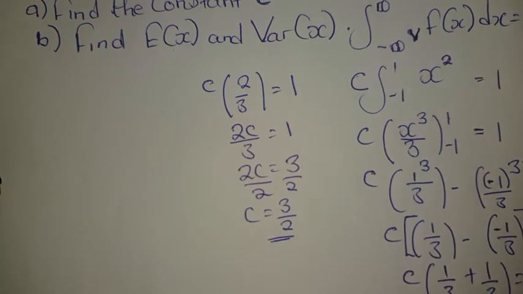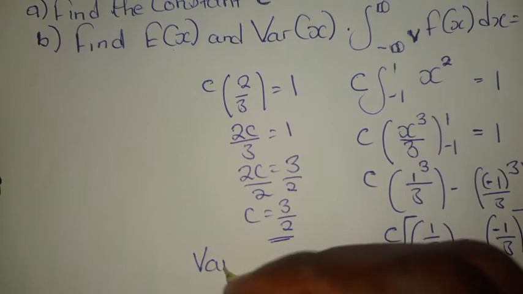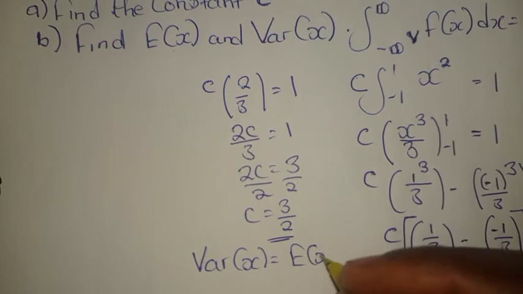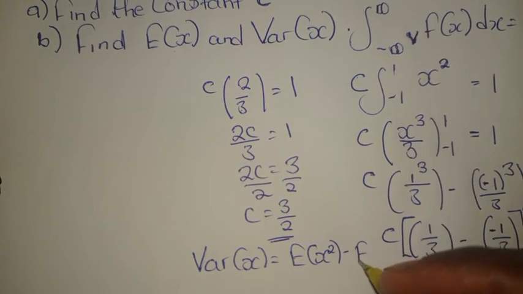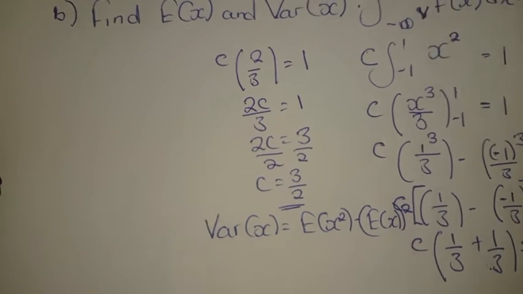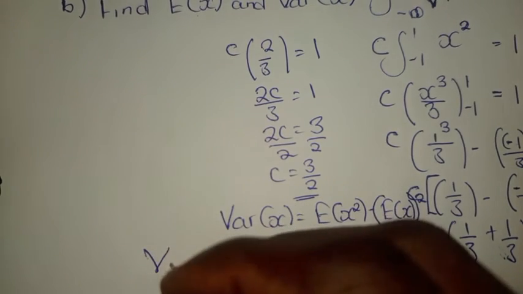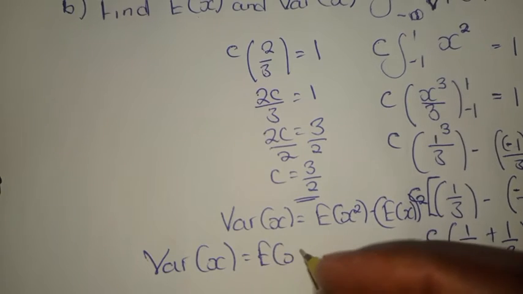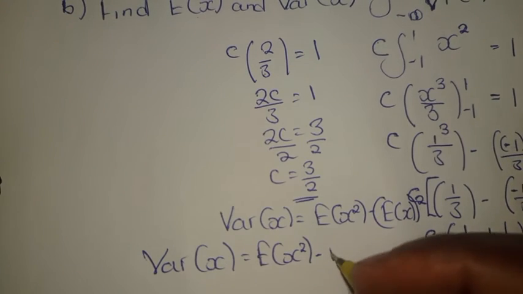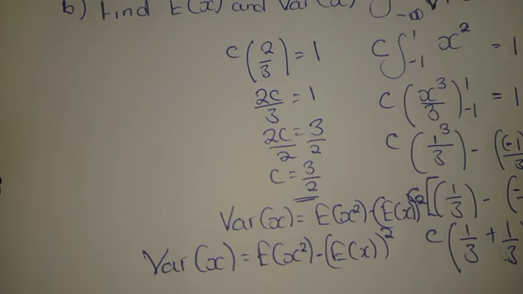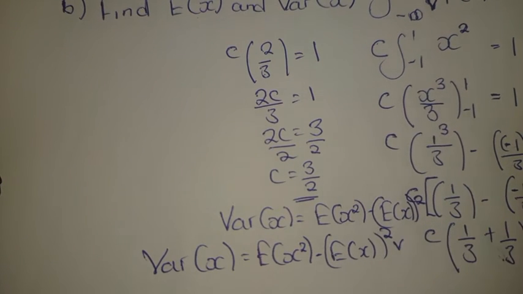So when we are dealing with expectations, the variance of x is defined by the expected value of x squared minus the square of the expected value of x. So this is the formula that we use when we are dealing with variance.